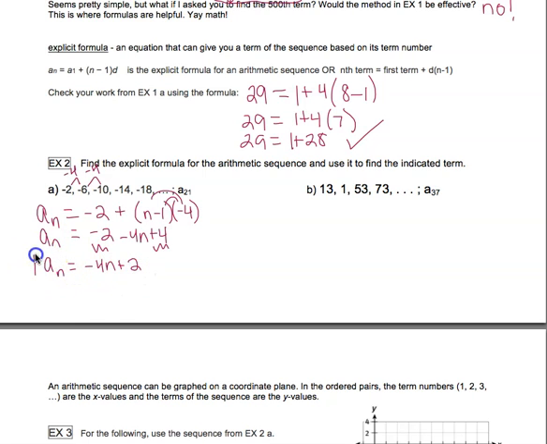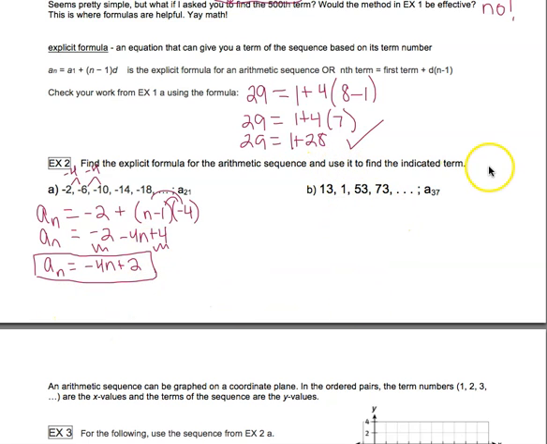So this would be an explicit formula. Now sometimes it'll just ask you to write it like this, and you could leave it -2 plus n minus 1 times -4. So you'll just have to pay attention to what format everything else appears to be in.